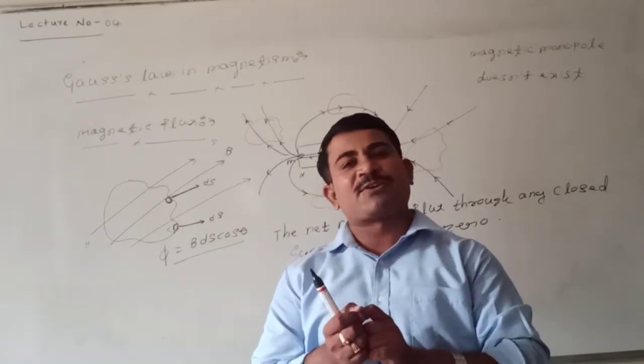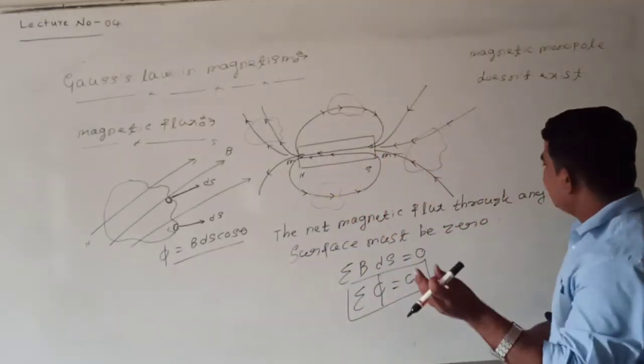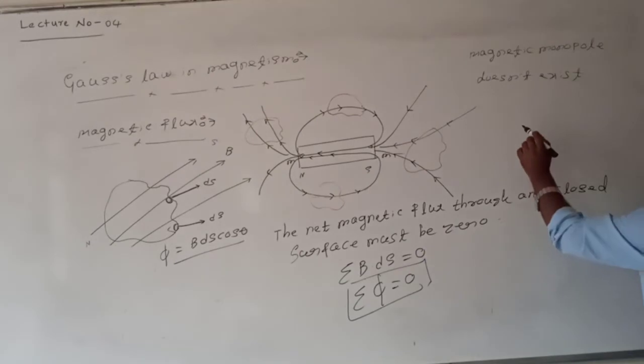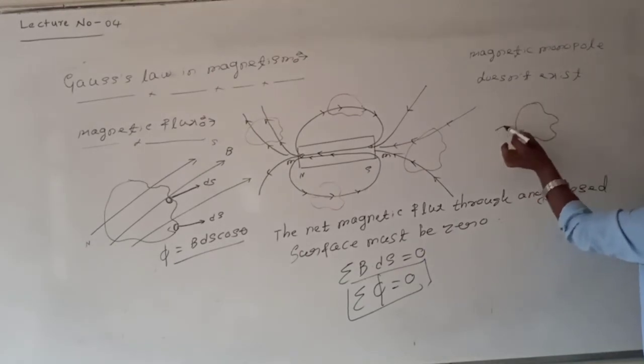In Gauss law in electrostatics, when is electric flux 0? We have already seen that. Let me take an imaginary closed surface, which we call a Gaussian surface.